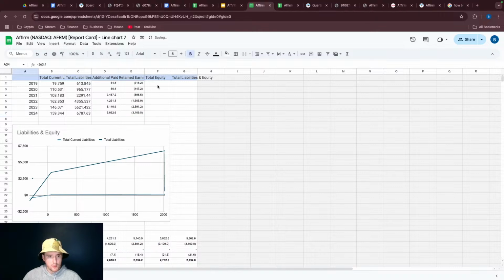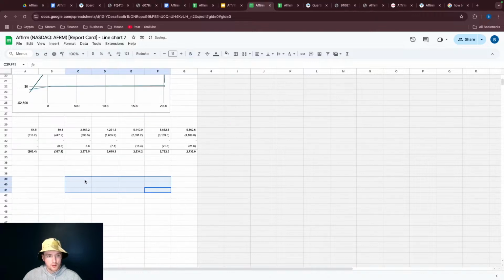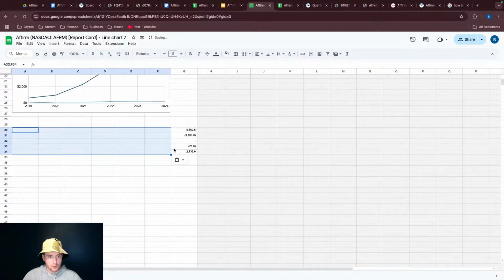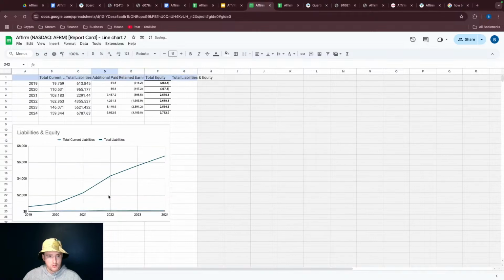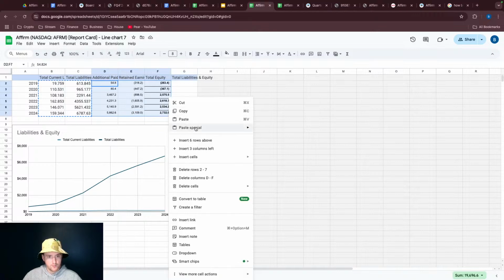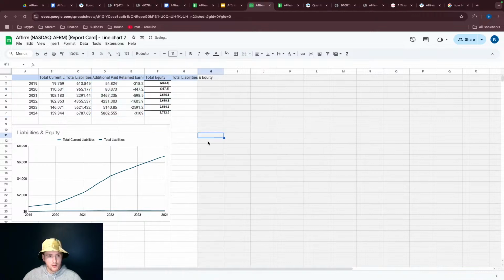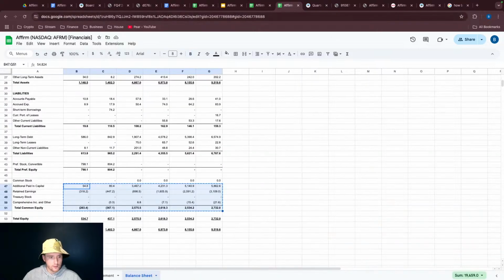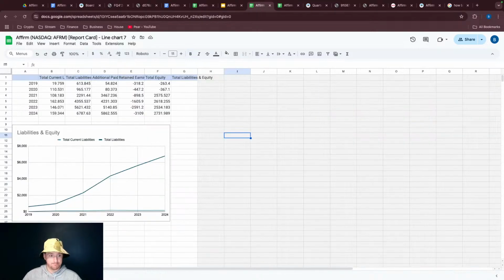And then total equity. Okay, let's duplicate those numbers. Format only. Format only. Then we have to bring this in, which is our liabilities and equity.